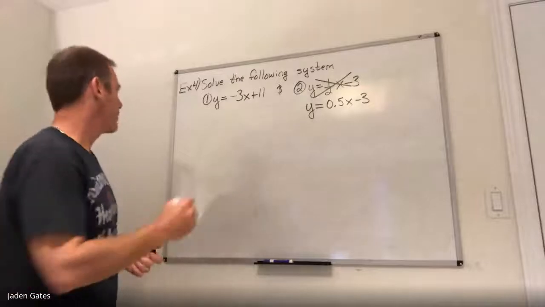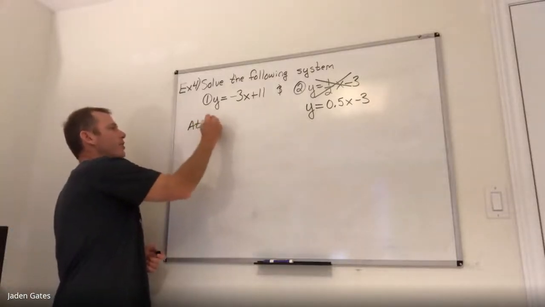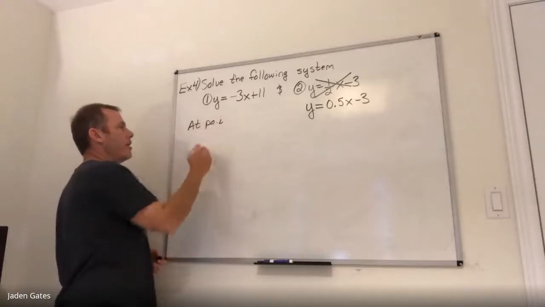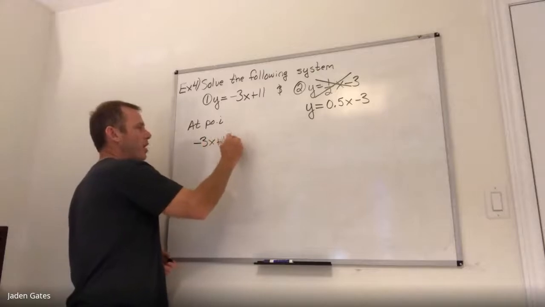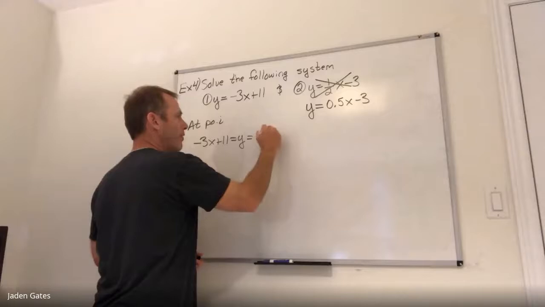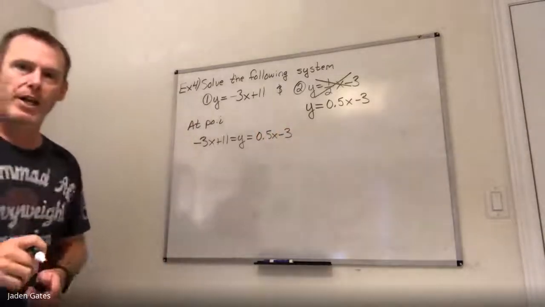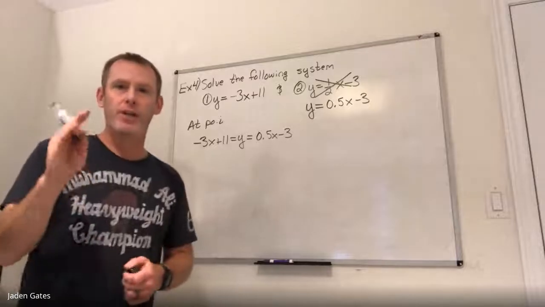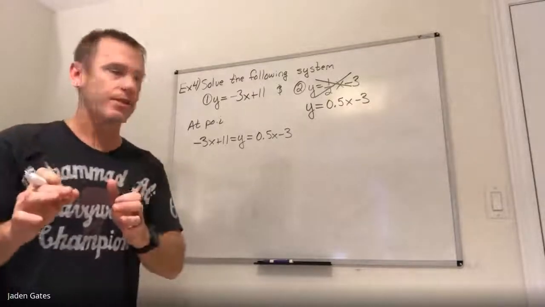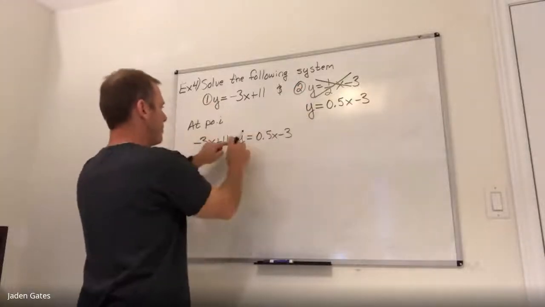Now, again, the start is the same. At the point of intersection, we have negative 3x plus 11 is equal to the y, which is equal to 0.5x minus 3. Because at the point of intersection, they have the same x and the same y at the same time, these two y's are the same.